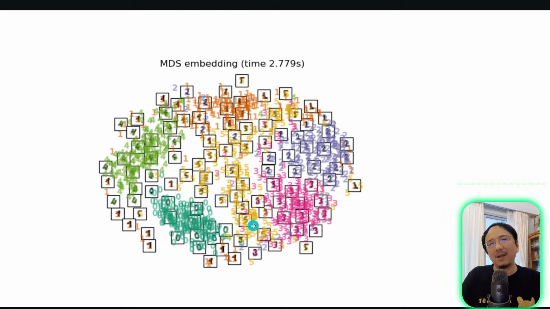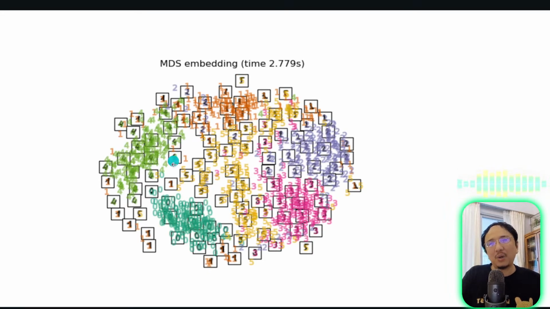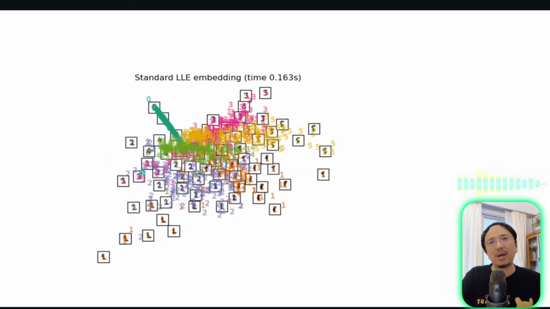It doesn't emphasize the differences as dramatically as t-SNE, but still you can see the clear boundary, and each of them are quite concentrated. There is also a local something embedding. I forget the name, but this considers local distances.